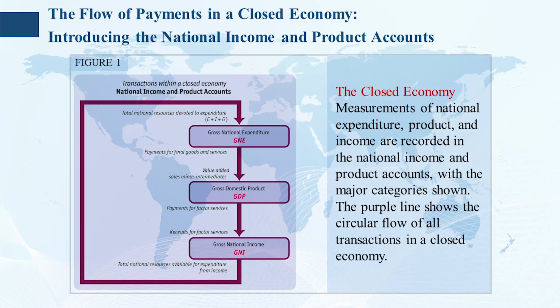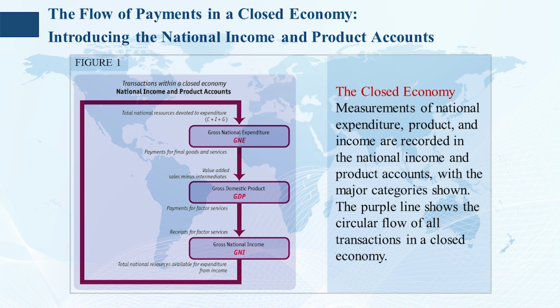Once GNI is received by factors, where do the payments flow next? Clearly, there is no way for a closed economy to finance expenditure except out of its own income. So total income is in turn spent and must be the same as total expenditure.